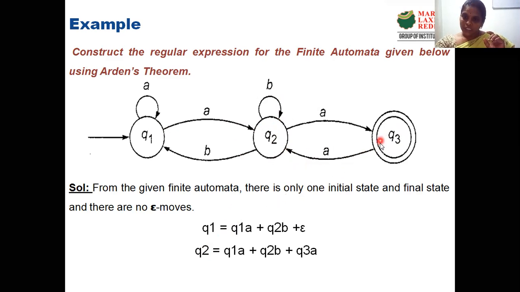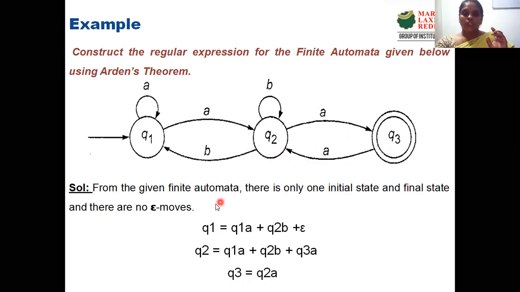And now if we see the last final state q3, it has only one incoming transition, and that is from the state q2. So this is written as q2 into a, and thereby q3 = q2 into a.